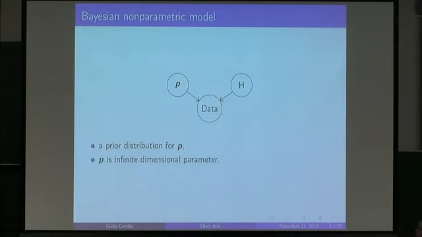And being nonparametric means that we want P to be an infinite dimensional parameter. So it's a Bayesian model, but with an infinite dimensional parameter. In our specific case, you will see that our parameter will be an infinite vector containing the frequency of each profile, the unknown frequency of each profile in the population.